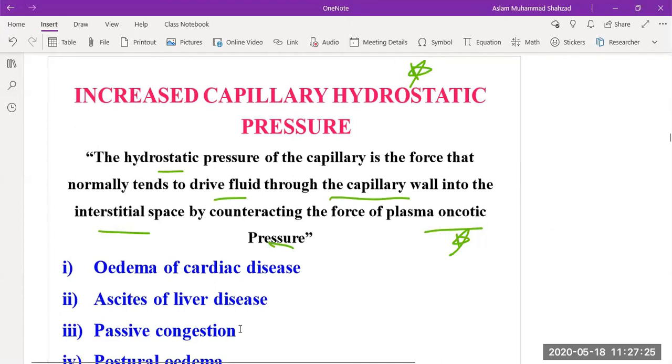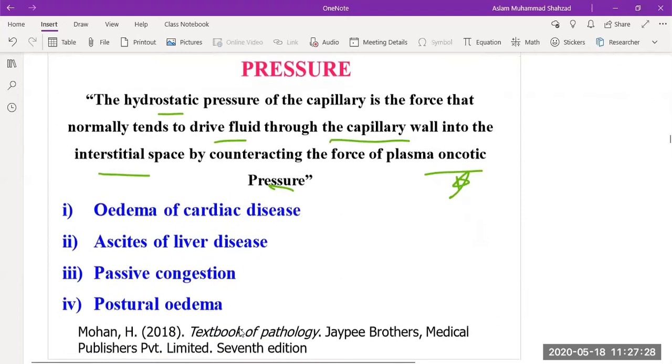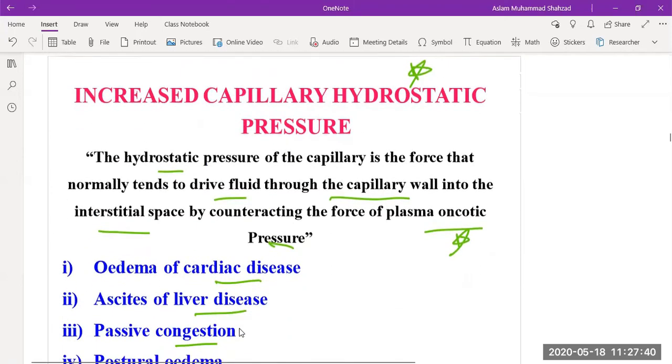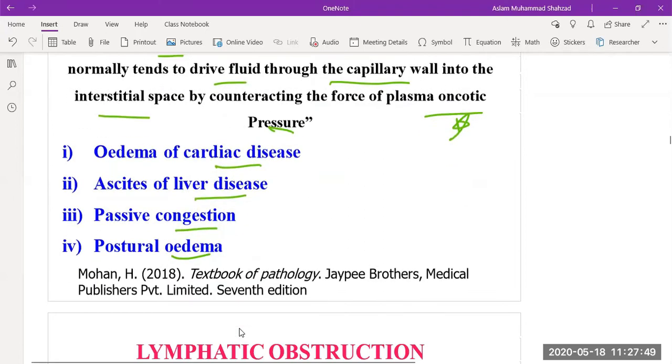And in a lot of diseases such as edema of cardiac disease, or ascites of the liver, or passive congestion, or postural edema, there will be an imbalance of the hydrostatic pressure, and the increase of the hydrostatic pressure may produce the imbalance, and then it results in edema.